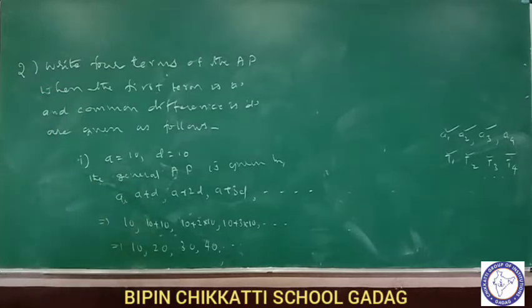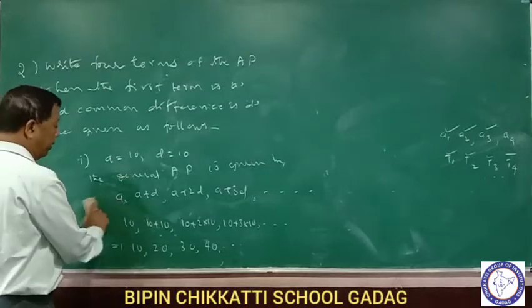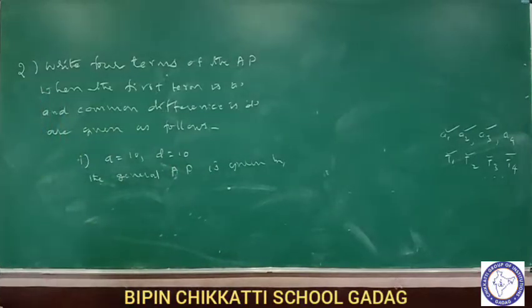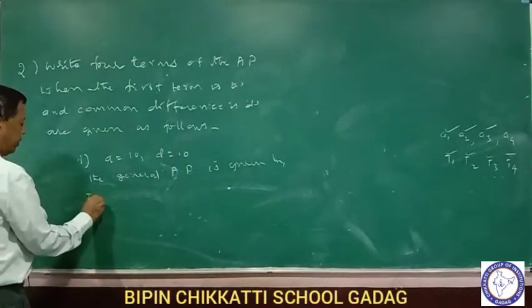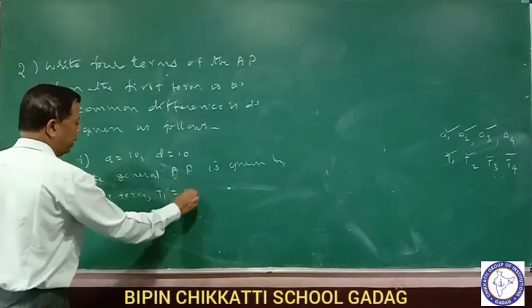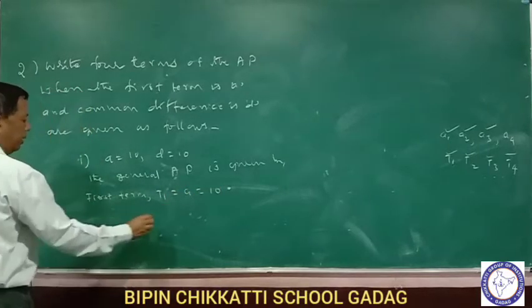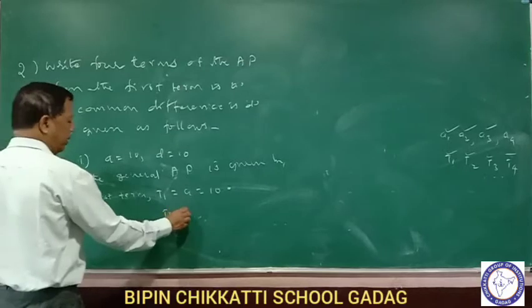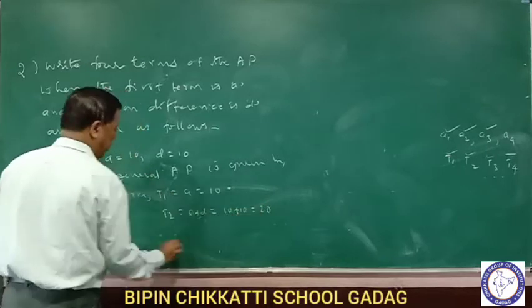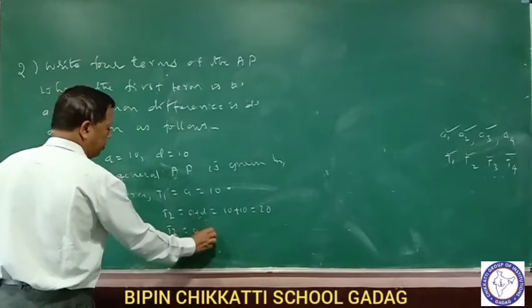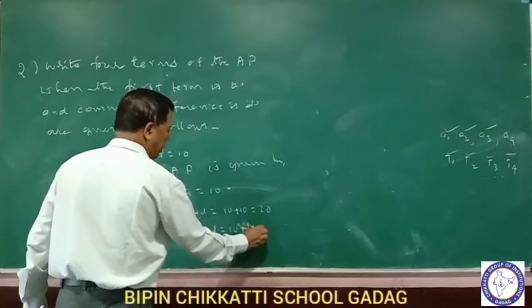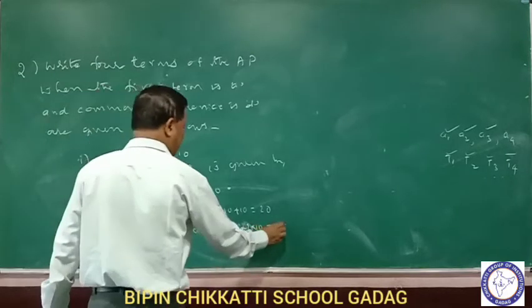But instead, you may go for a shortcut and not write the entire AP, only the first terms which are needed. T1 is equal to A, that is 10. The second term is A plus D, that means 10 plus 10, it is 20. The third term is A plus 2D, 10 plus 2 into 10, this becomes 30.